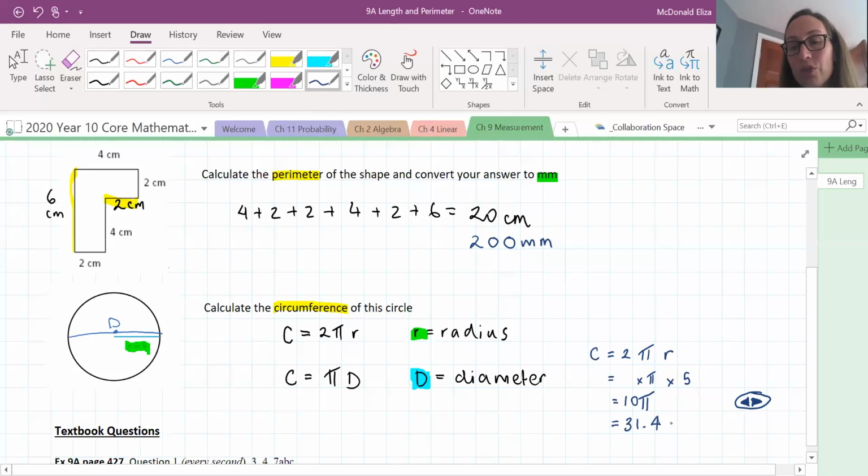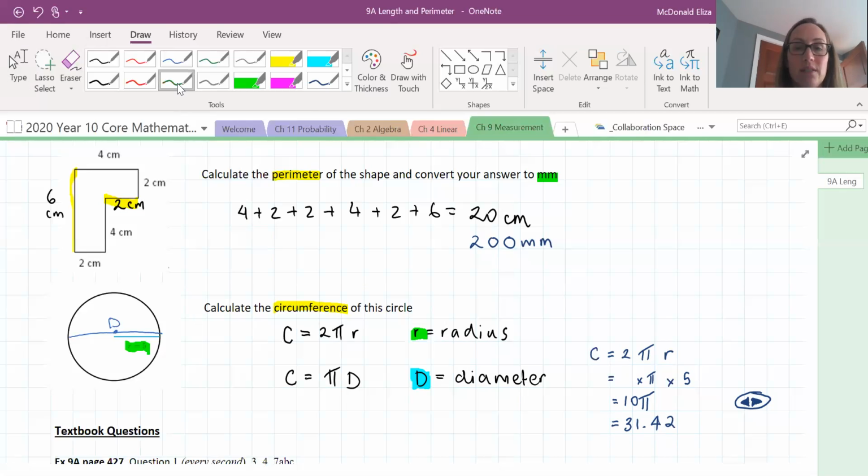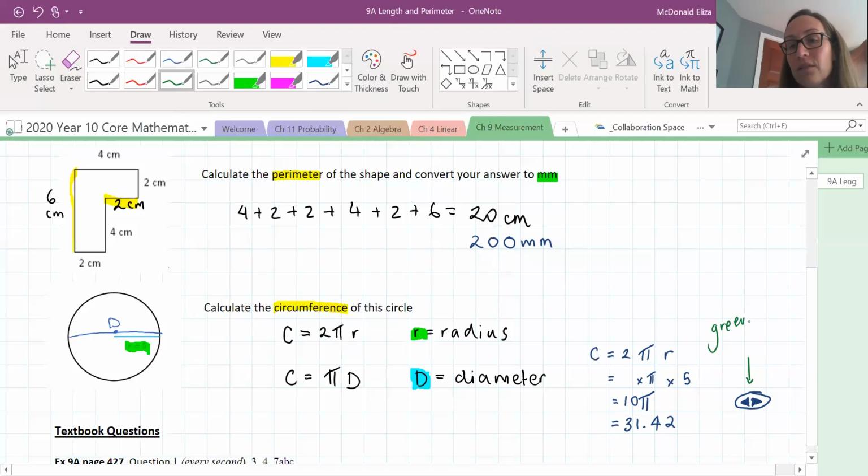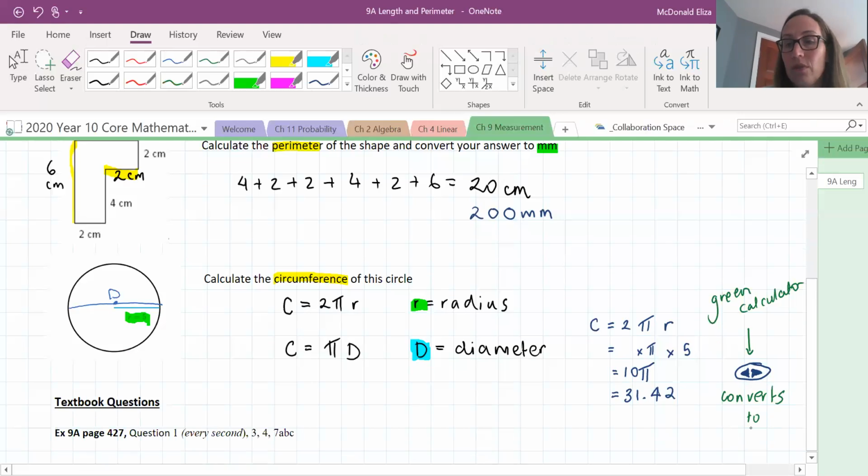We want to use 2 decimal places, and there's no units in that question, so we don't need to use any units. So this button here is from your green calculator, and it converts to decimals.